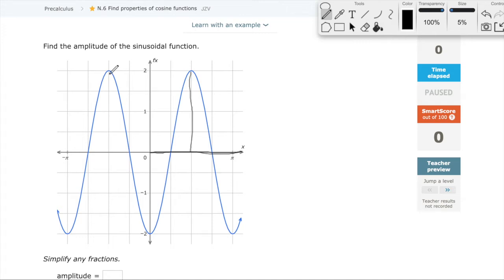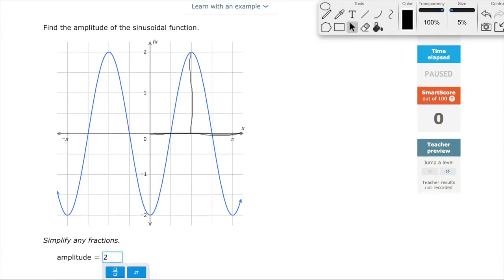Another way of thinking about it would be to go from the very bottom to the very top, so like -2 to 2. That's 4 units, and then halving that would be 2. Sometimes that's more obvious to some, others prefer this way. This seems a little more simple to me, so that's why I like to explain this first. So my amplitude here would be 2 based off this. So let's go ahead and show that.